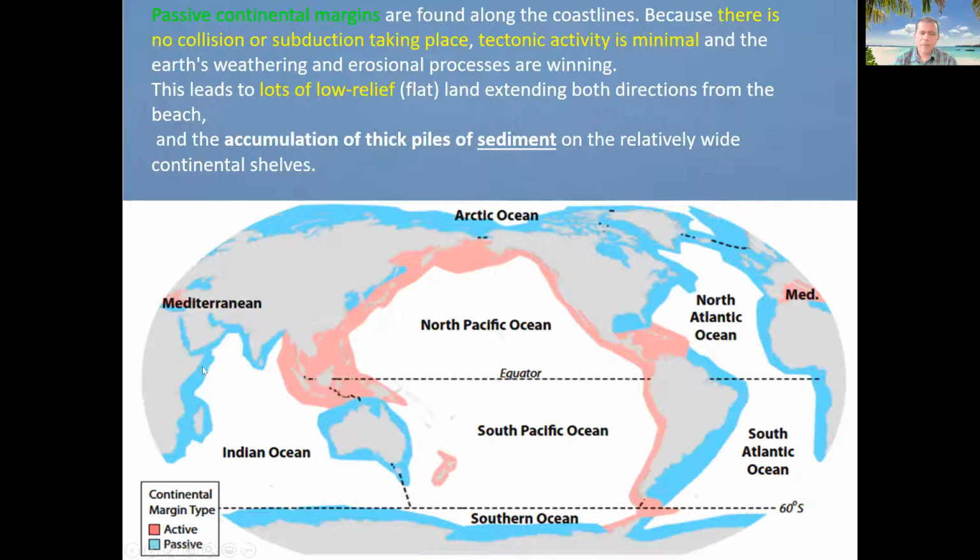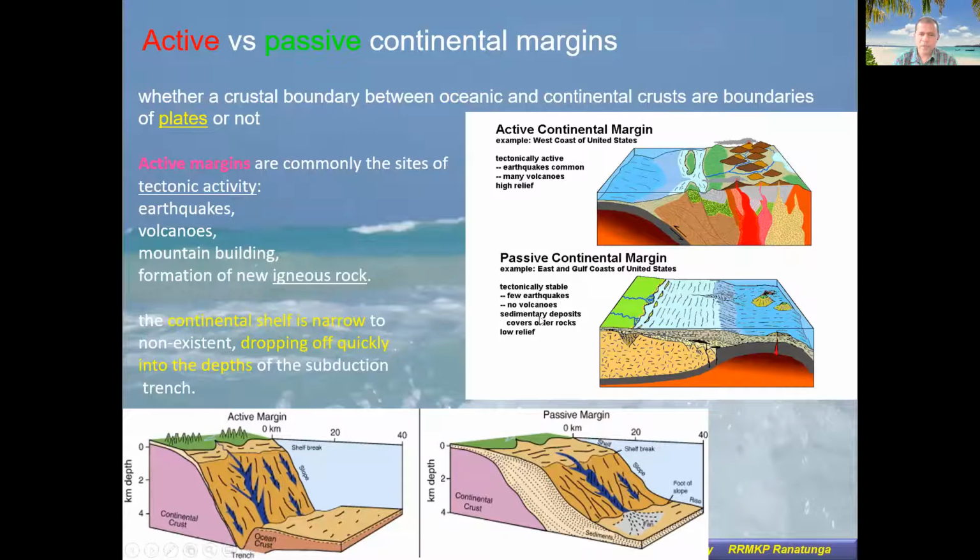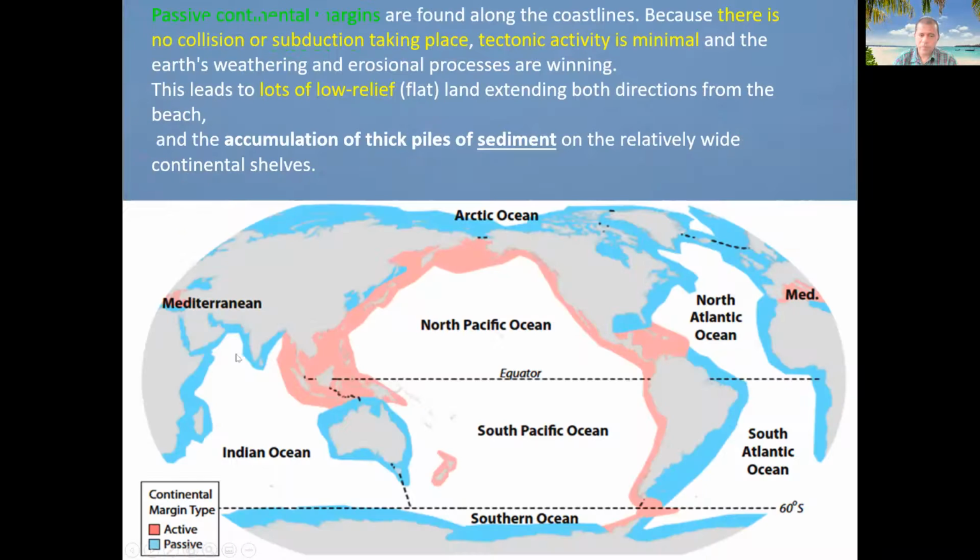You see the blue color are the passive continental margins, like in Sri Lanka, all around India, Western Africa. I think even the east as well as Western Africa, all around Africa is a passive continental margin.